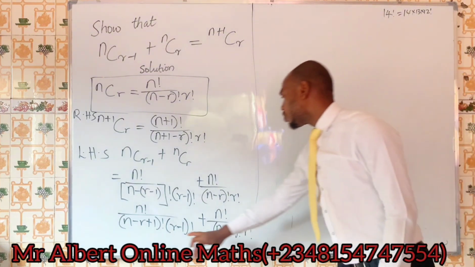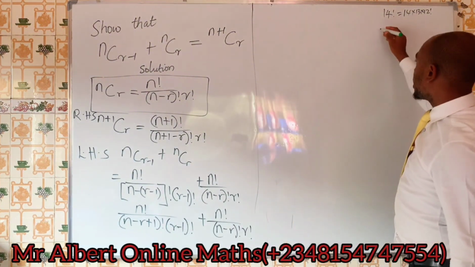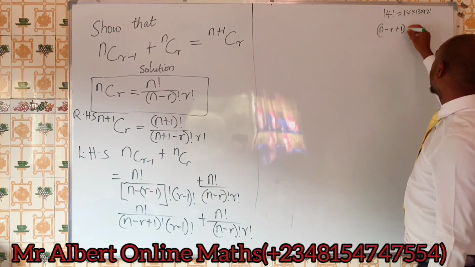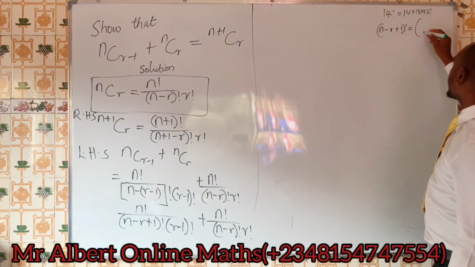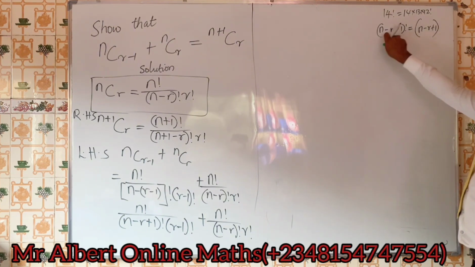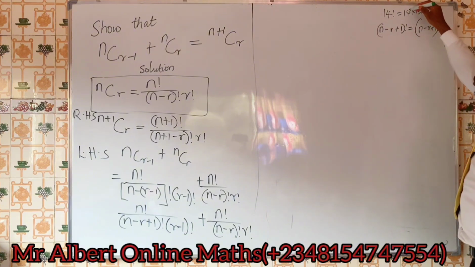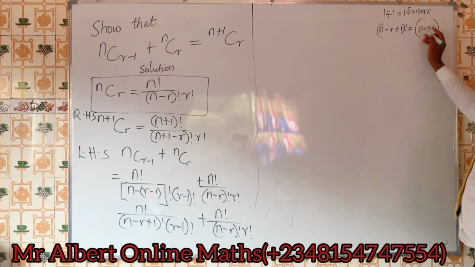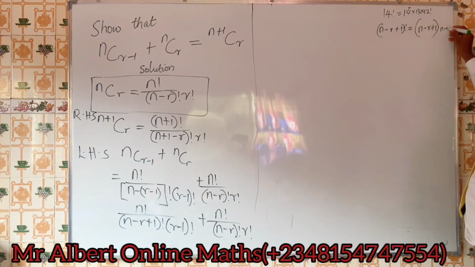The same thing is what I am going to do here. If I have n minus r plus 1 factorial, it is the same thing as rewriting it as n minus r plus 1 times, I reduce this expression by 1, just like reducing 14 by 1 to have 13. If I reduce this by 1, what I will have is n minus r alone. The 1 will go.